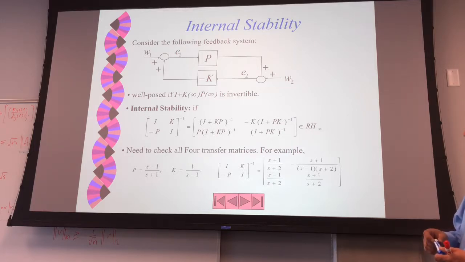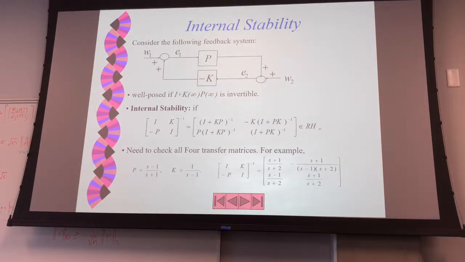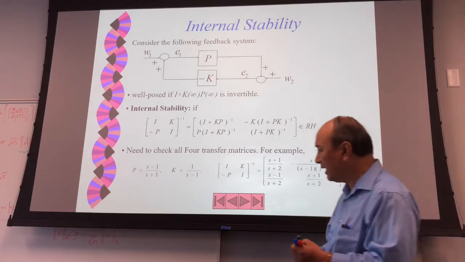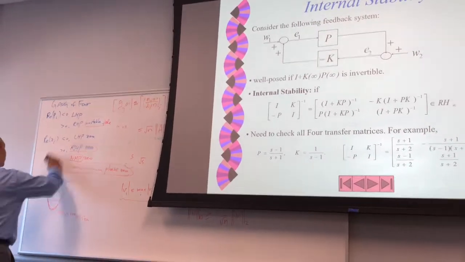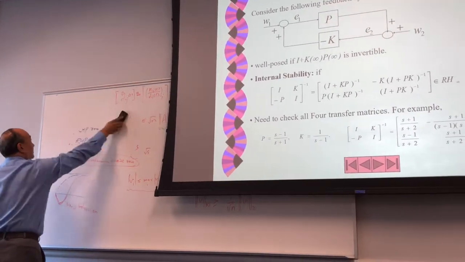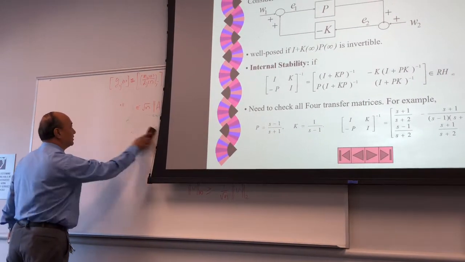And I want you to know K infinity and P infinity. The meaning of K infinity and P infinity is not very clear to many of you. Okay. Let me give you some more insights into K infinity.